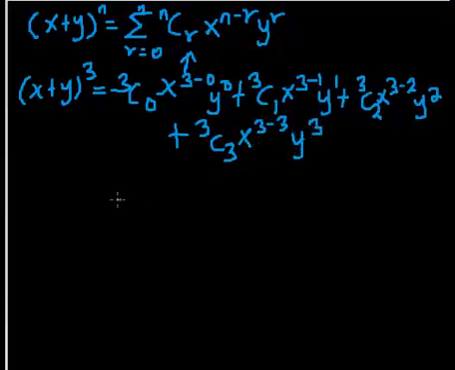Okay, so with what we have, we can evaluate. So let's simplify. Okay, so I have 3 combination 0.